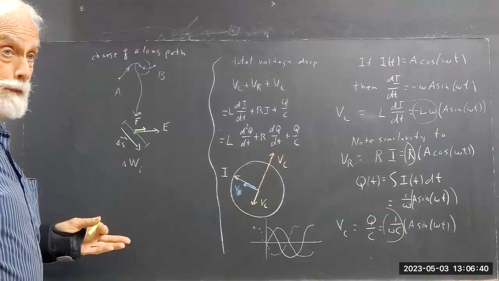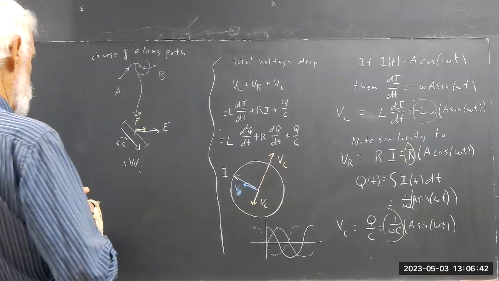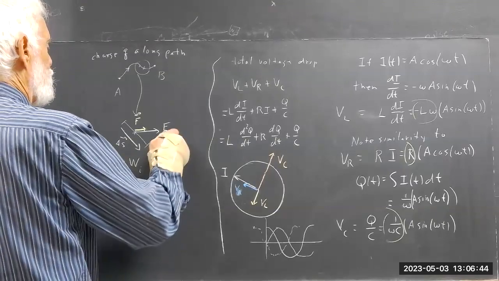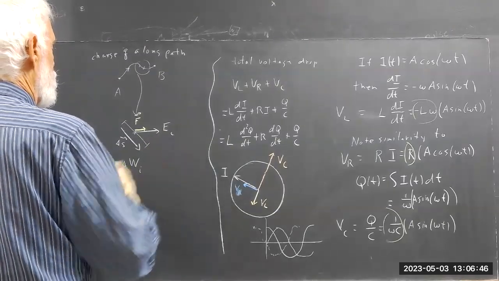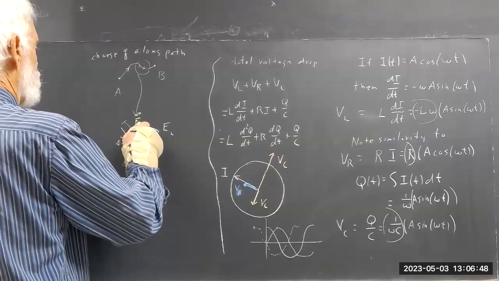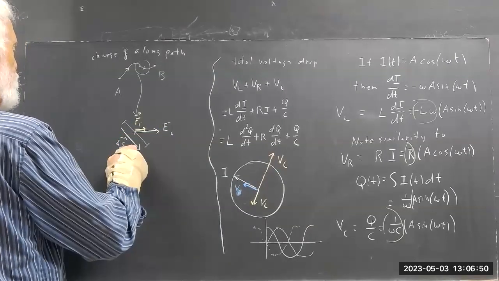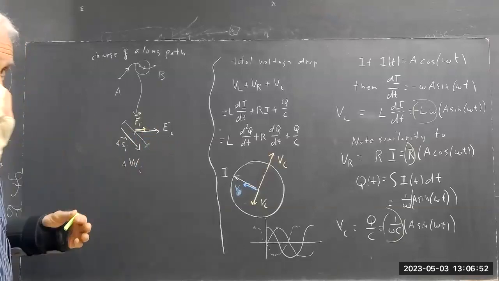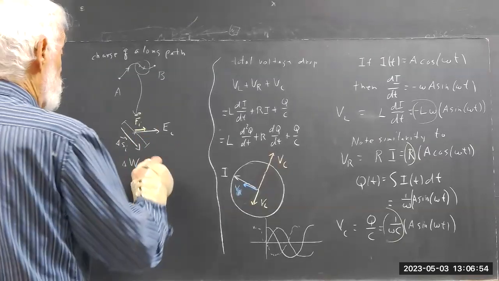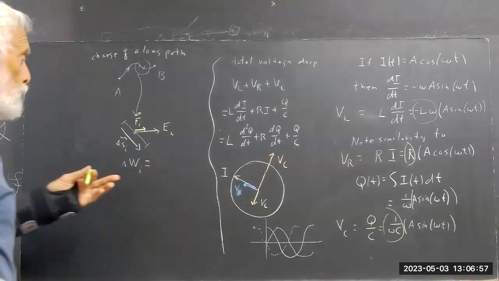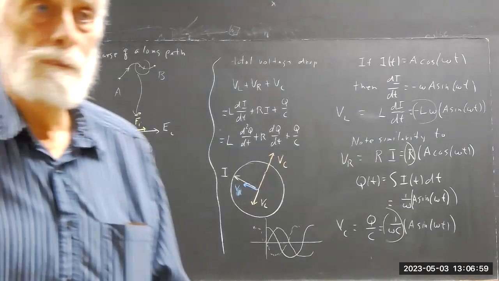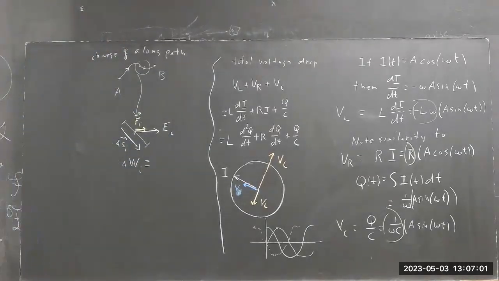So we've got an E sub i, an F sub i, a delta S sub i. So what's the work? What's the expression for the work?